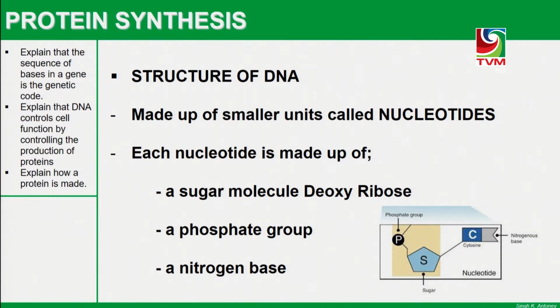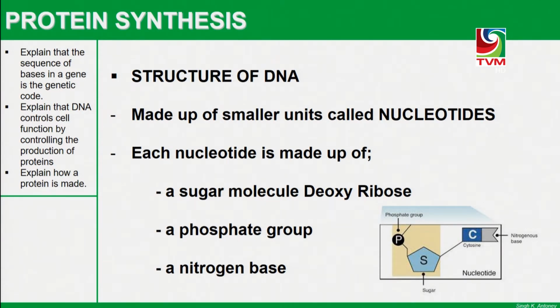If you examine the structure, each nucleotide is made up of a sugar molecule, and the sugar molecule is deoxyribose, and that is why the name DNA starts with deoxyribose, then the nucleic acid. So the sugar molecule is deoxyribose, then a phosphate group and a nitrogen base.